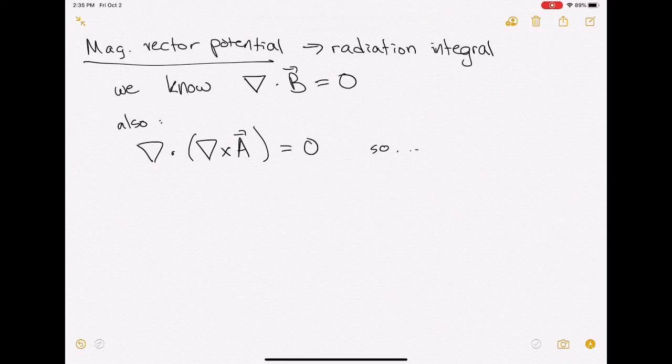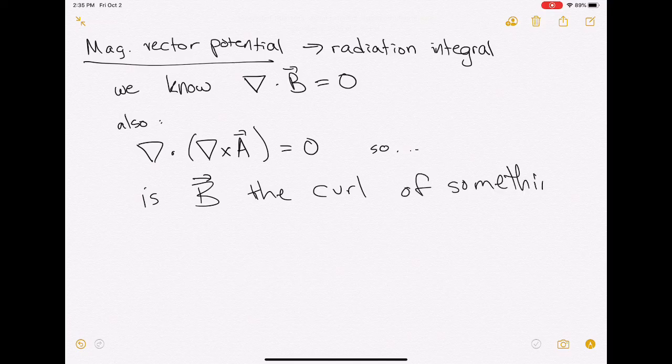So does that mean that the magnetic flux density, B, is the curl of something? It sure can be. Why not?